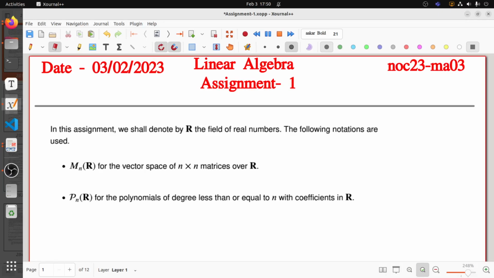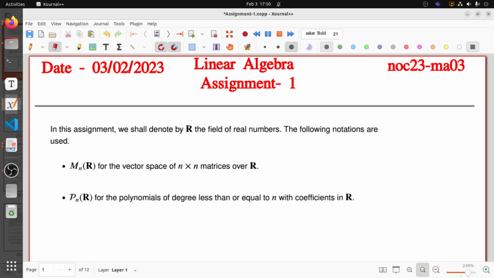So if P1 of x is a0 plus a1x plus a2x squared plus a3x cubed, then what will be P1 star of x? It will be P1 of minus x, right? So it will be a0 minus a1x plus a2x squared minus a3x cubed. The odd terms will change sign, right?